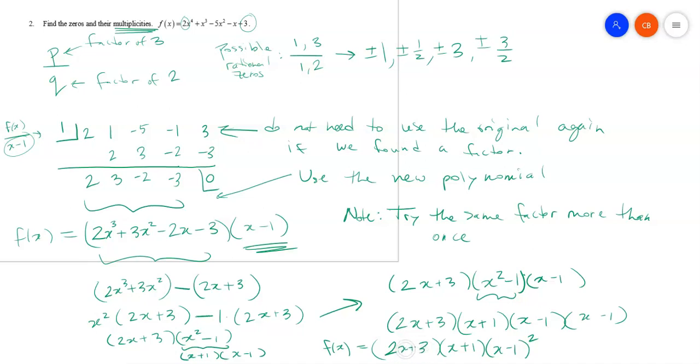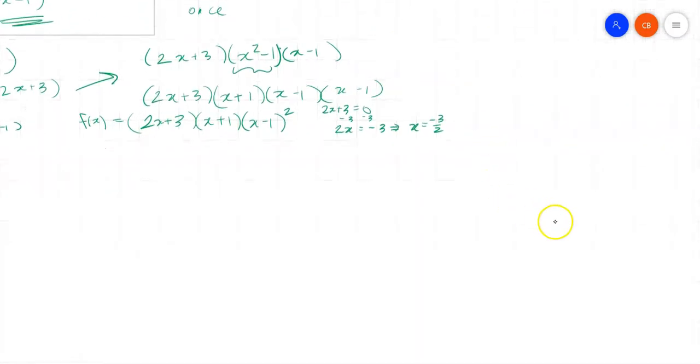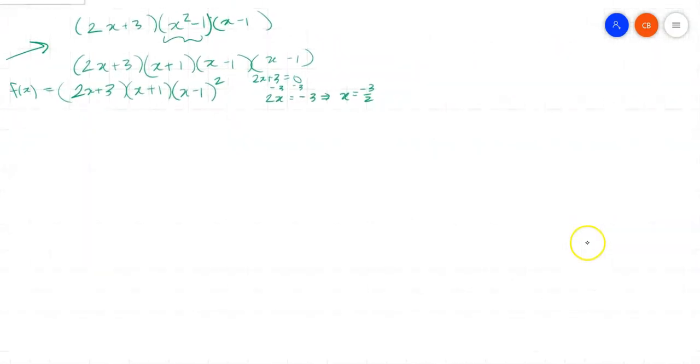And so of course if we set this factor 2x plus 3 equal to 0, we can subtract 3, get that 2x is equal to -3, and then divide both sides by 2, we will get that x is -3/2. And I'm going to get a little bit more room here. And that was from this factor, by the way.